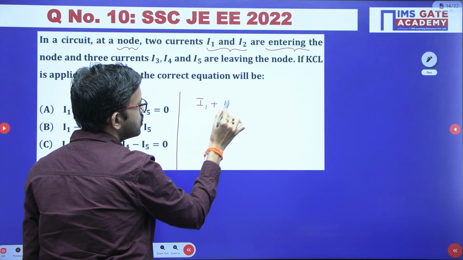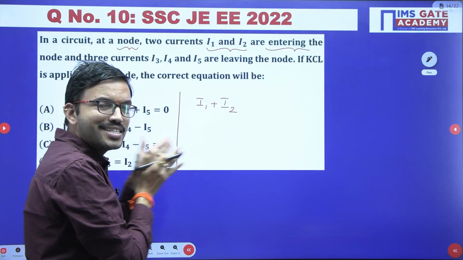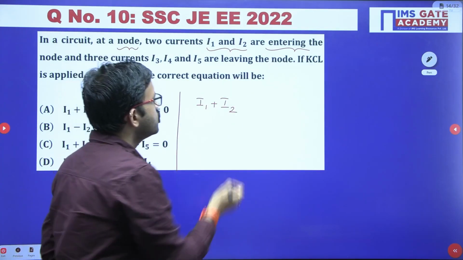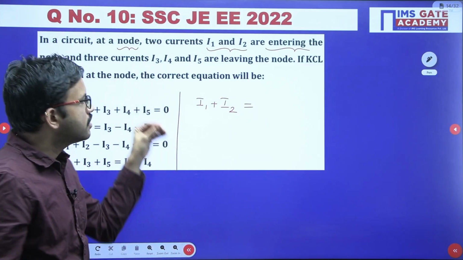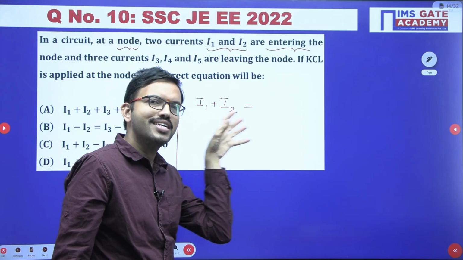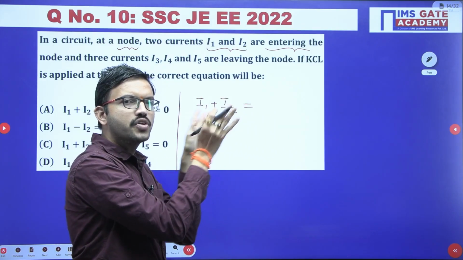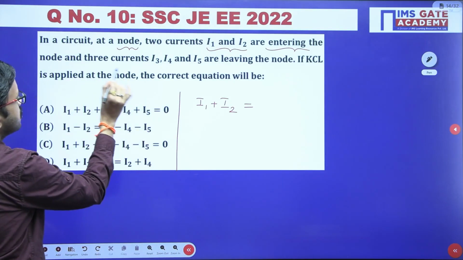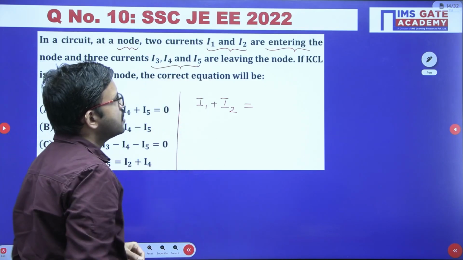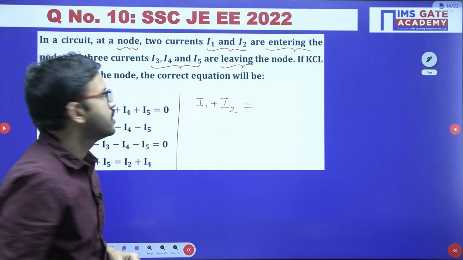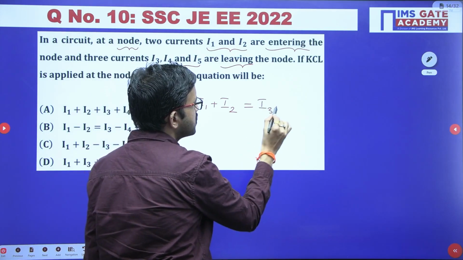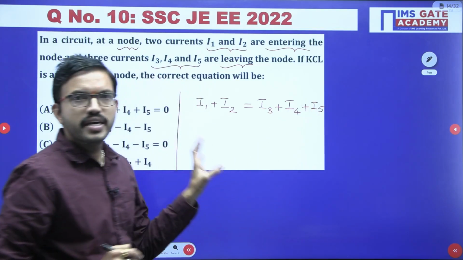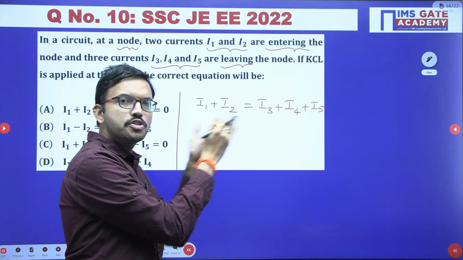For a particular node, you take the algebraic sum of all the currents entering, and that should be equal to the algebraic sum of all the currents leaving through the other branches. In this question, three currents I3, I4, I5 are leaving the node, so we can write I3 plus I4 plus I5. It is very simple. KCL is nothing but the sum of entering currents equal to the sum of leaving currents.